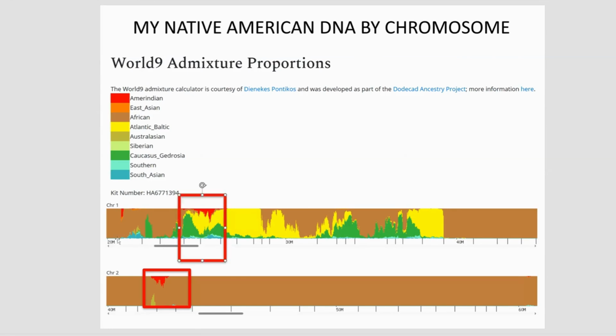So if my particular, this is saying at 20 million and 30 million is all the way over here, well, then my indigenous is hitting somewhere near 23 million to 26 million max. So now I have a range.